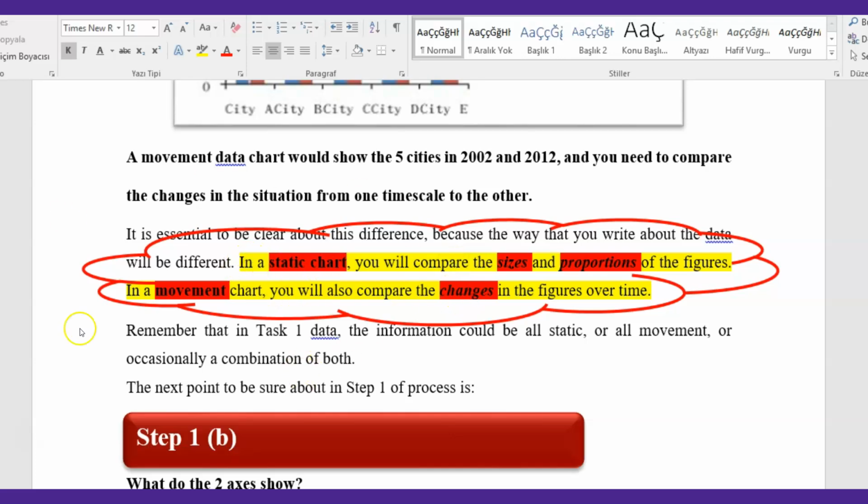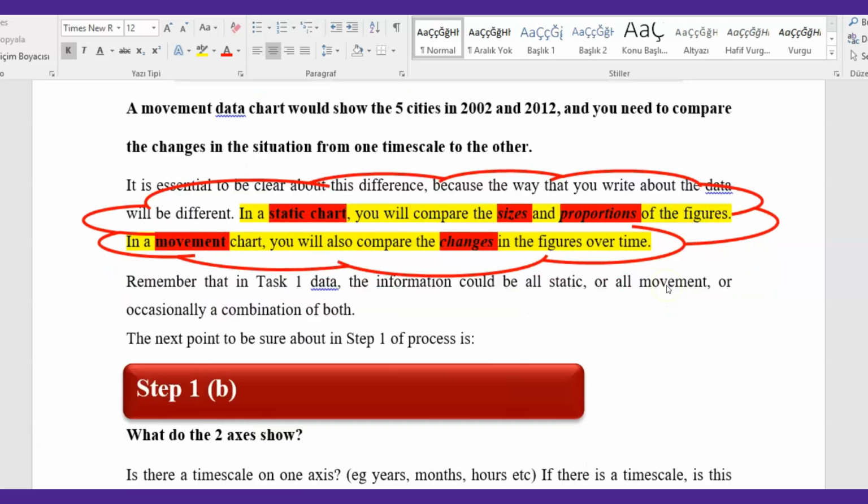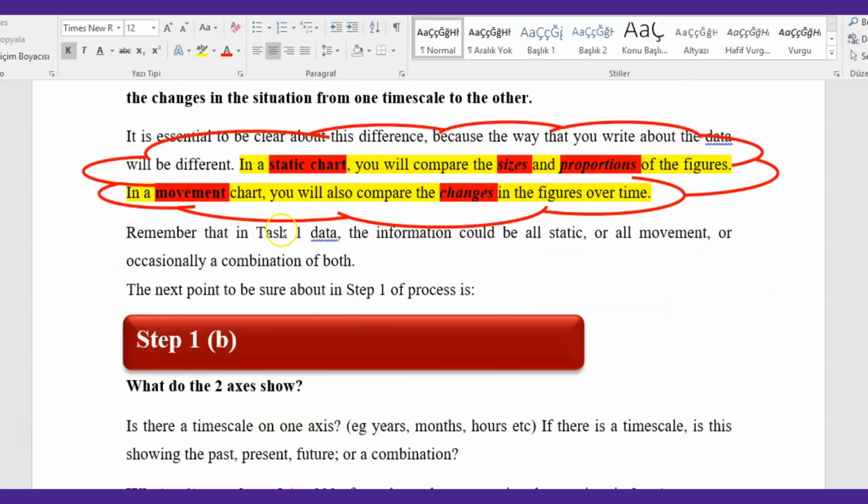In a static chart, you will compare the sizes and proportions of the figures, numbers. In a movement chart, you will also compare the changes in the figures over time. Remember that in task 1 data, the information could be all static or all movement, or occasionally a combination of both.